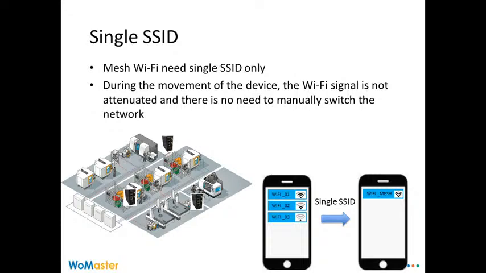It's simpler to build up the whole network. Moreover, when the Wi-Fi devices are moving, like a cell phone, users don't need to do the roaming or switch the SSID manually. They will find the best routing to communicate as the previously mentioned.